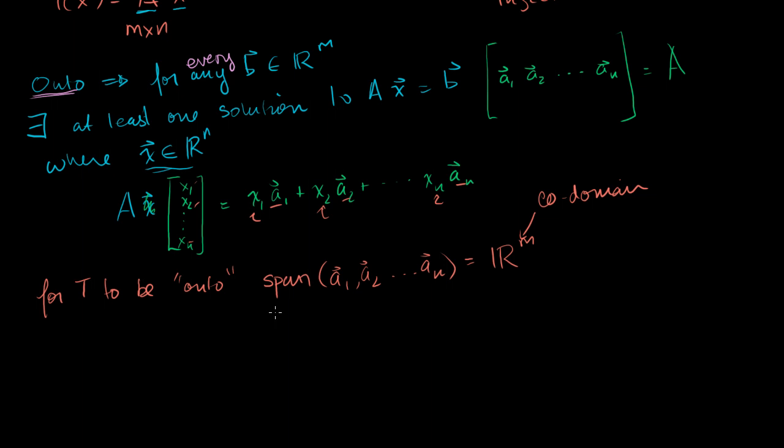So that means that the span of these has to be Rm, or another way to say it is that the column space of A has to be equal to Rm. So how do we know if a matrix's column space is equal to Rm?